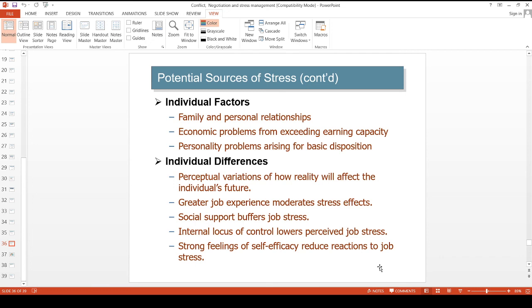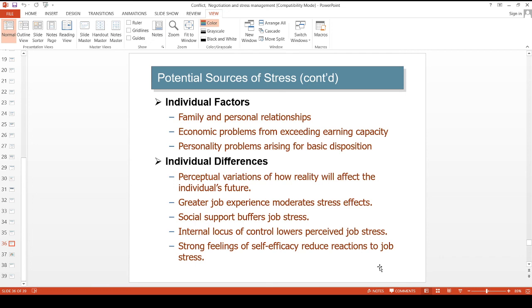Personality problems arising from the basic disposition, that depends on your background, your behavior, your attitudes, your own personality can be a sort of stress. Then individual differences, perceptual variations of how reality will affect the individual's future. These differences between individuals can also be a source of stress.